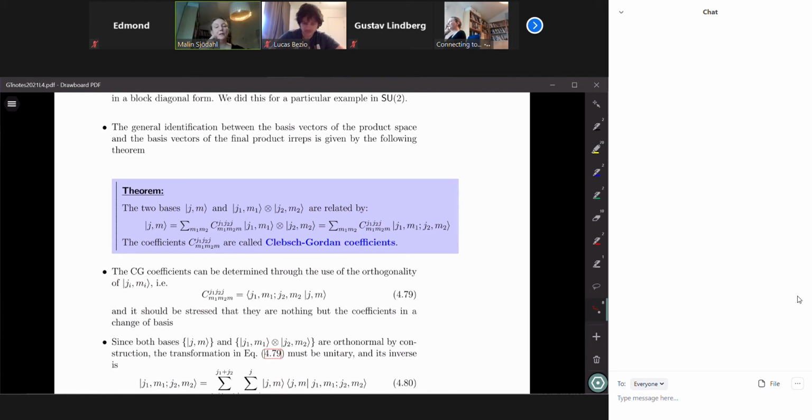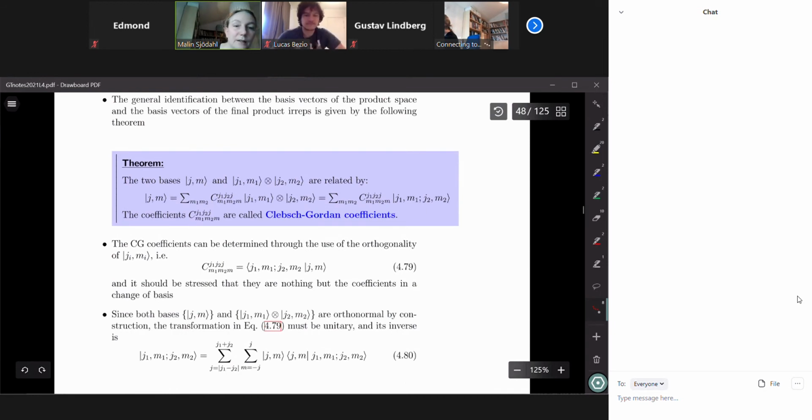So if we have two different bases, one being the direct product basis given by J1 M1 and J2 M2, and one being the direct sum basis, the basis that we actually want to have with a block diagonal structure, then a state in the direct sum basis is given by summing over all M1s and M2s that can contribute to this particular J and M.